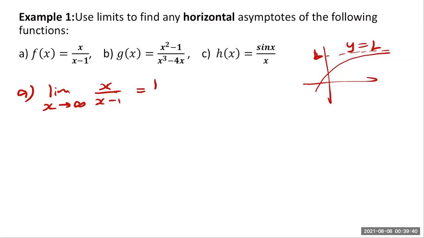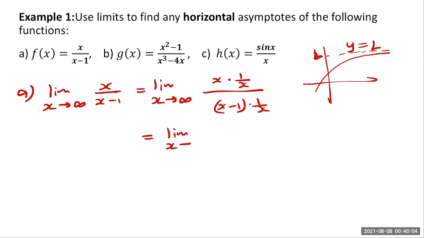Okay, let's do it and see what happens. Limit as x approaches infinity. I'm going to multiply my top by 1 over x. And I'm going to multiply my bottom also by 1 over x. If I multiply my top by 1 over x, you get the limit as x approaches infinity of just 1 in the top, right?